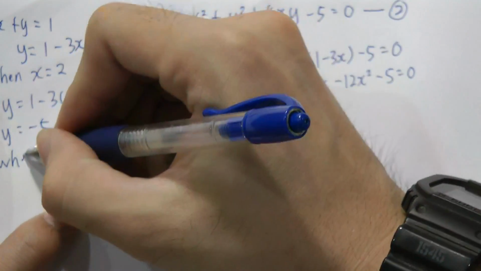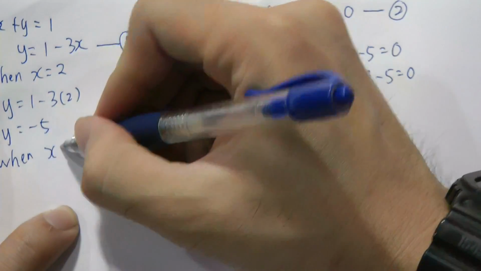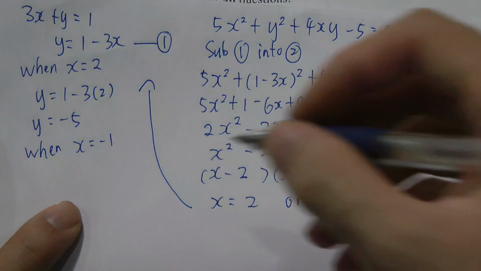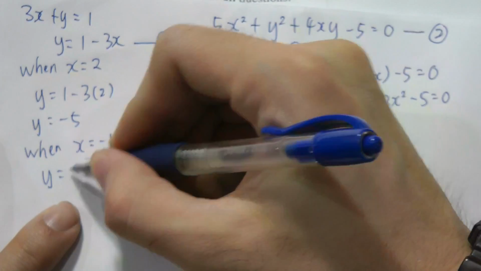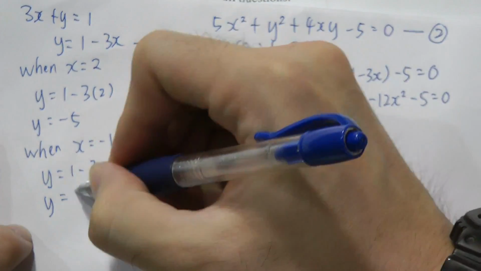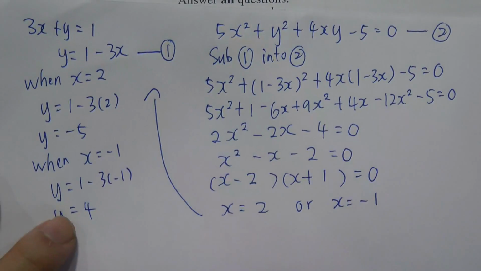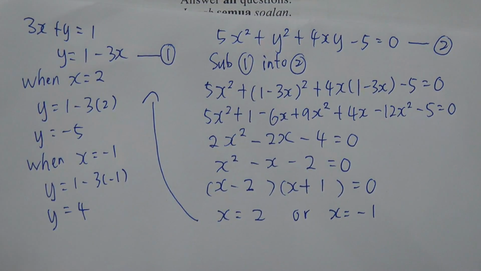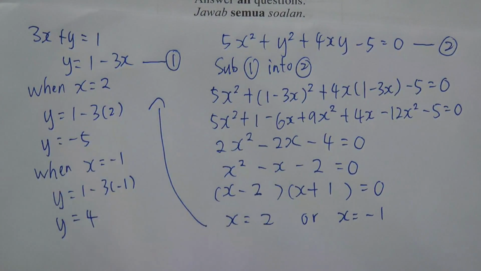When x equals negative 1, you just put in, so y equals 1 minus 3 times negative 1, so y is 4. That's all for the first 5 marks. I think most of you can score in this question because it's very simple simultaneous equations.